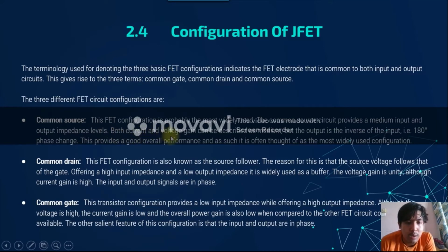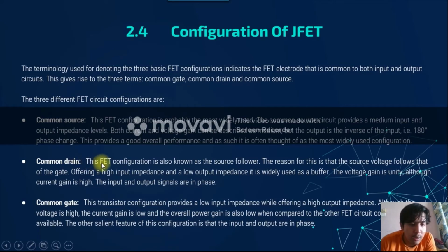Both current and voltage gain can be described as medium, but the output is the inverse of the input, a 180-degree phase change. This provides a good overall performance, and as such it is often thought of as the most widely used configuration.